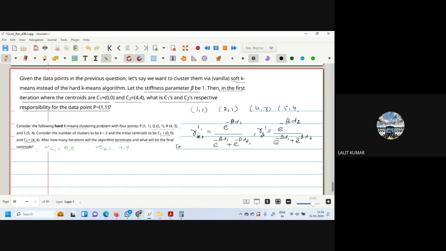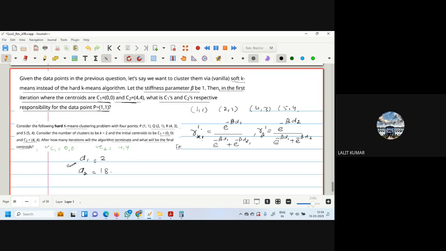So in the first iteration, C1 is (0,0), C2 is (4,4), and the point is (1,1). First you calculate d1 and d2. d1 will become 1 plus 1, which is 2. d2 will become (4 minus 1) which is 3, squared is 9, plus 9, which is 18. Is this okay?